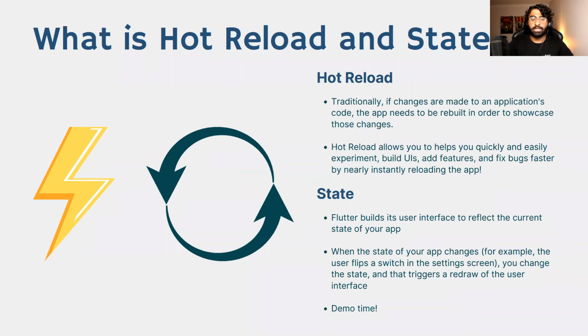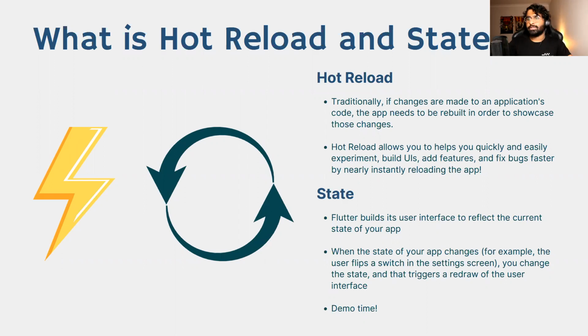Whenever there is a change in the data, the whole user interface refreshes itself automatically to accommodate for that change. For example, when you flip a switch in the settings menu, you can change the state and it triggers a redraw, a refresh of the whole user interface.